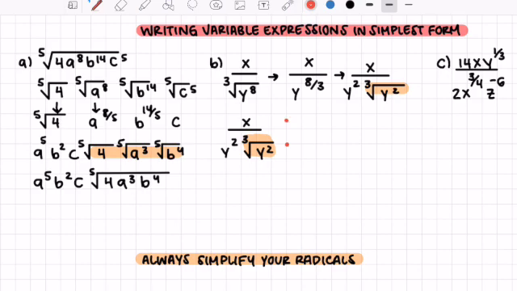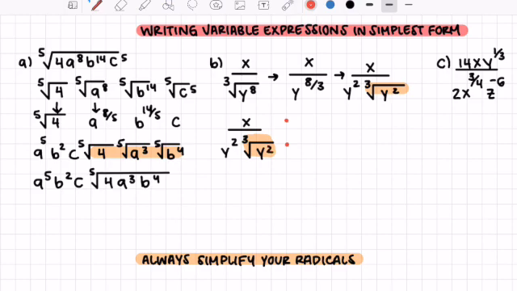I need to multiply this with something that would make sure that the inside of my radical is able to leave my cubic root. And so if I need to get this y to the power 2 taken out, then I need to have a group of 3 y's. But right now we only have a group of 2 y's.